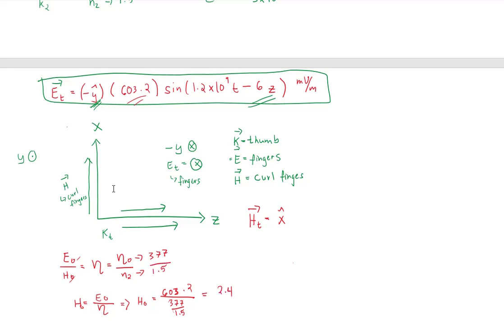That is 2.4. So our magnitude for our H transmitted is just 2.4. Now, the phase is still going to be the same, sine of omega t, and the same k, minus 6z. And that is in milliamps per meter.